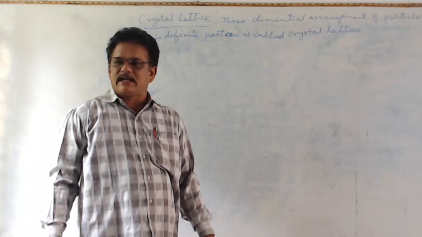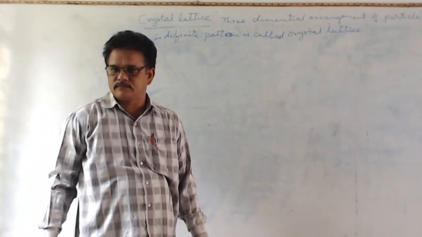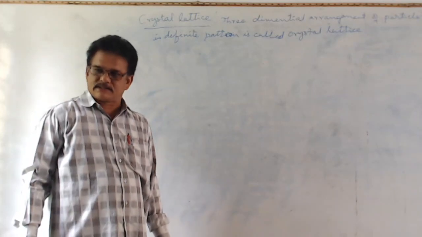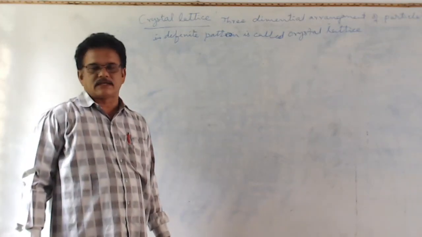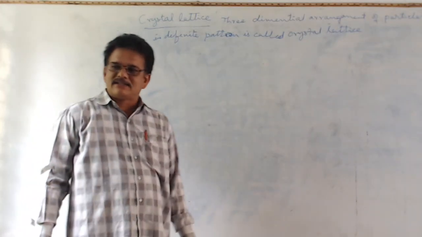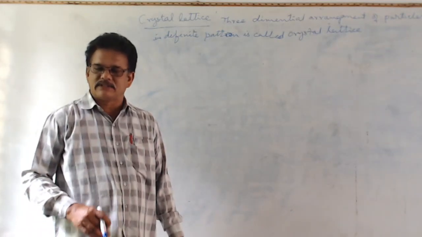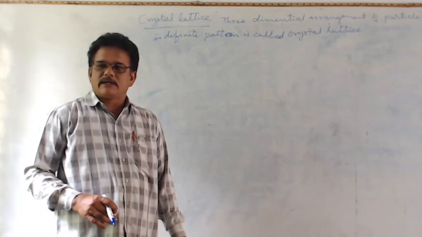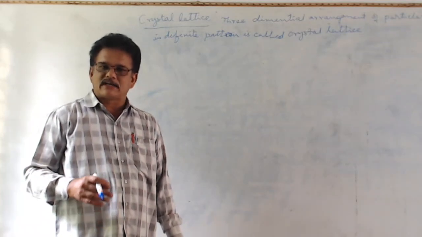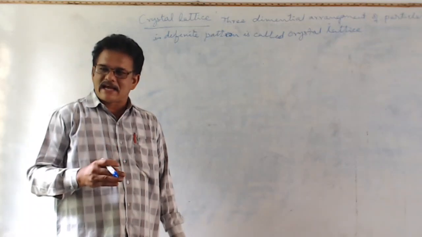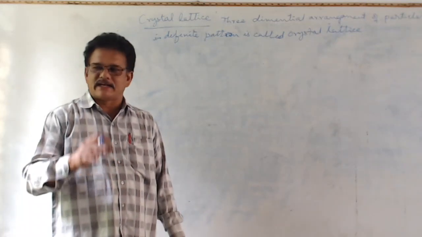How is this crystal lattice formed? The particles are closely packed in solids. We know the reason why. In solids, interparticle distance is very less. This is due to intermolecular forces or interatomic forces or interionic forces being more than thermal energy.